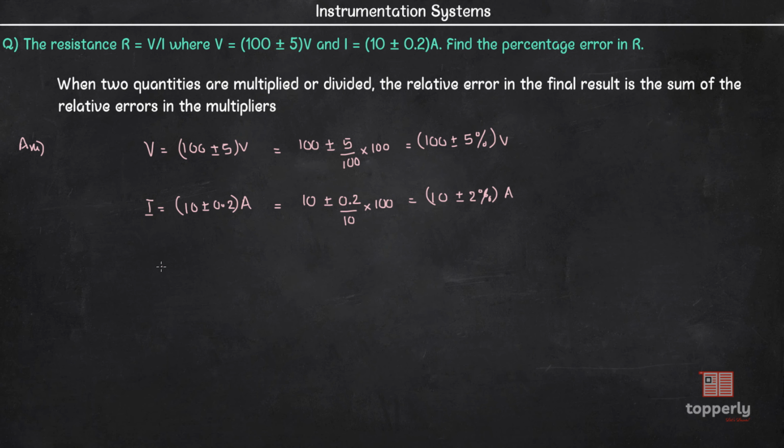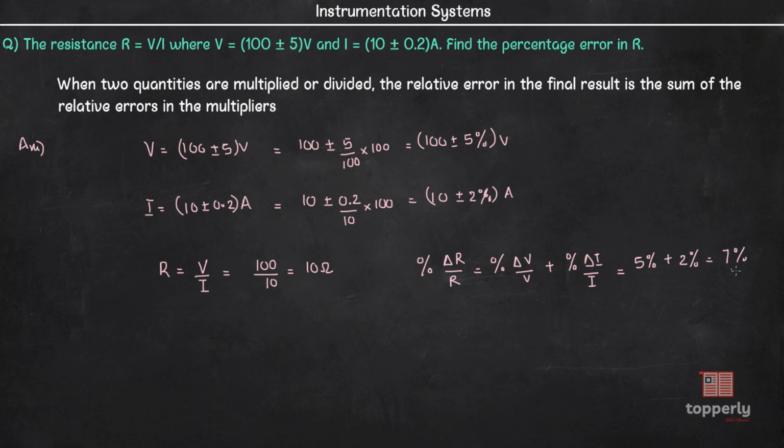Now the magnitude of resistance R is equal to V by I, which is 100 by 10 or 10 ohm, and percentage error in resistance is equal to percentage ΔR/R is equal to percentage ΔV/V plus percentage ΔI/I, which is 5% plus 2% is equal to 7%.